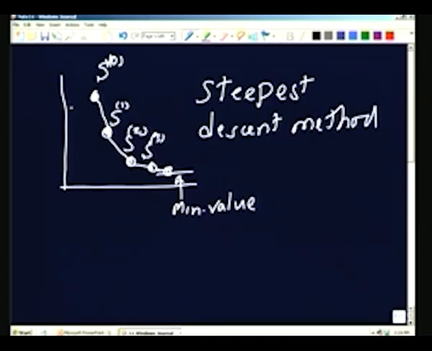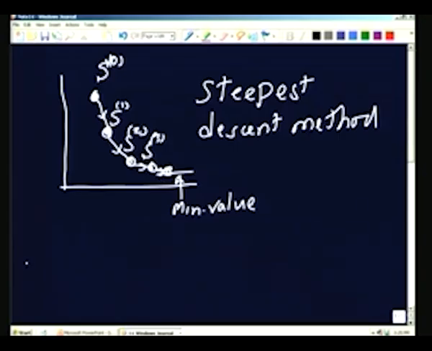I have indicated only for one parameter. This can be done for any number of parameters, and what you are doing is, you are moving towards smaller and smaller values of S by taking small steps each time, and of course, you stop somewhere when it does not make sense to do any more.